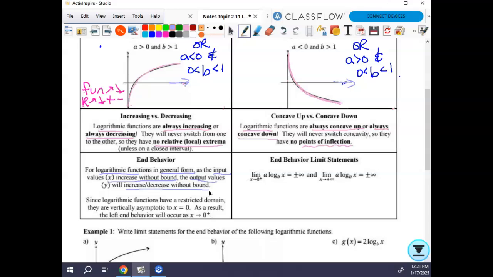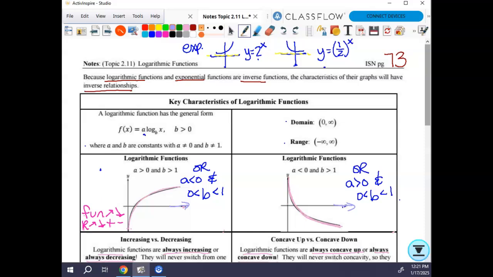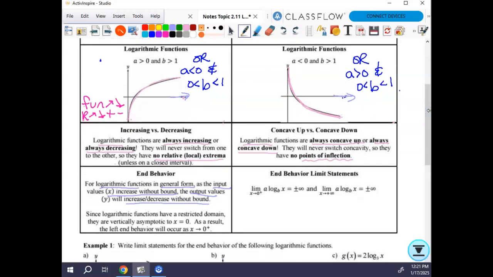Then since the logarithmic functions have a restricted domain, so up here, my exponentials had a restricted range. Domain was all real numbers. So I have a restricted domain. This horizontal asymptote that I had right here changes to a vertical asymptote for these because it reflects as well.